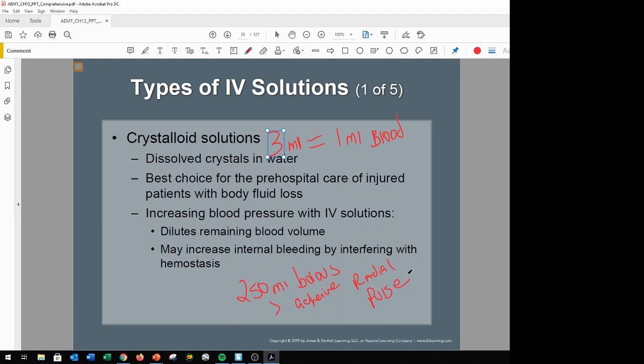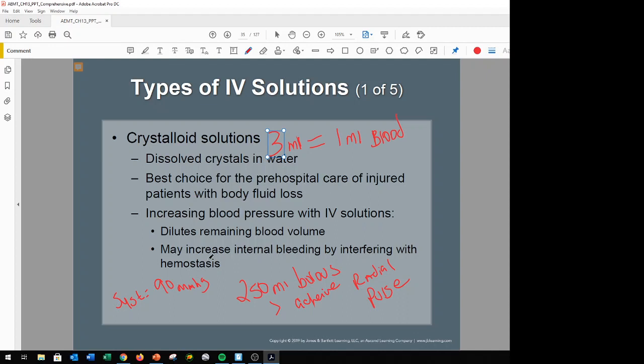Why do you think that's the reason? We know that a radial pulse is going to give you a systolic blood pressure of 90 millimeters mercury. So why are we just trying to get to 90? Why don't we try to get to 120?